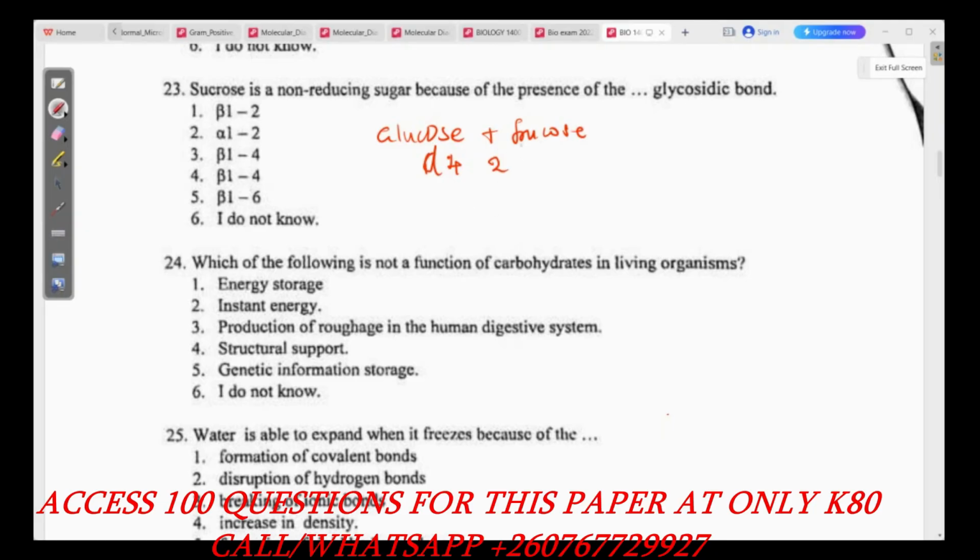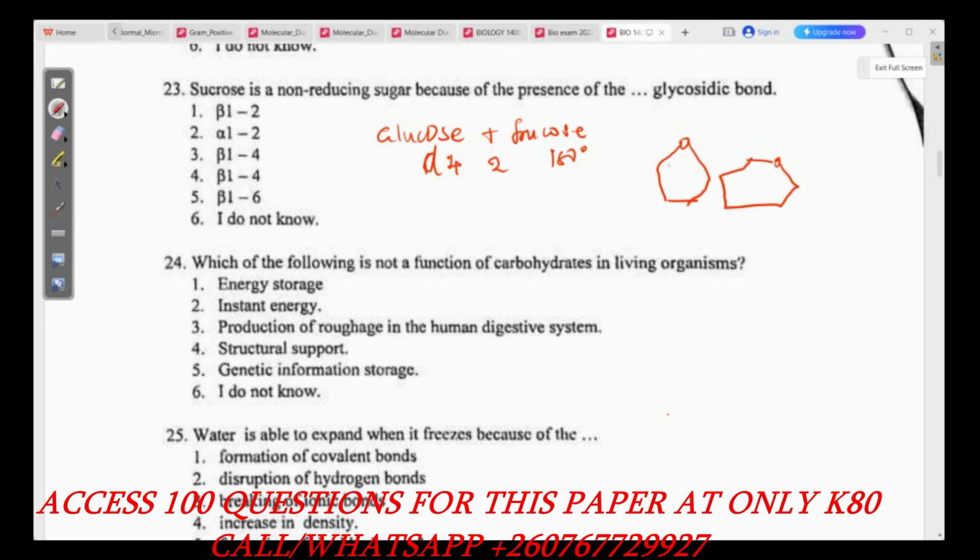And for this bond to be possible, this fructose has to turn 180 degrees for this bond to be formed, because you know that fructose takes up, I think it's the furanose ring, has got a furanose ring, something like this. It doesn't look like glucose, which looks like this.